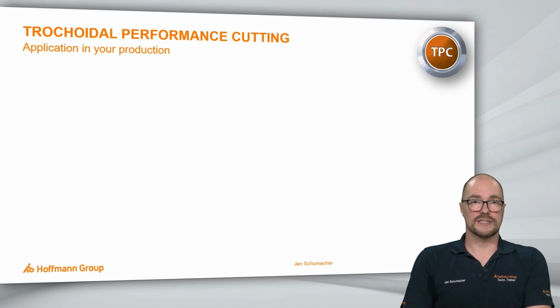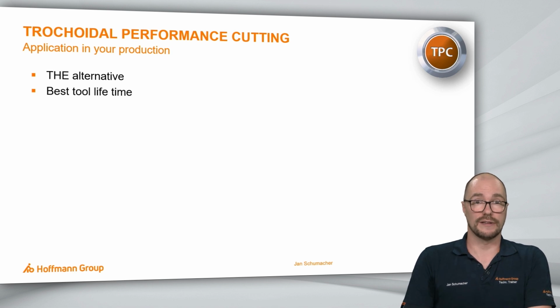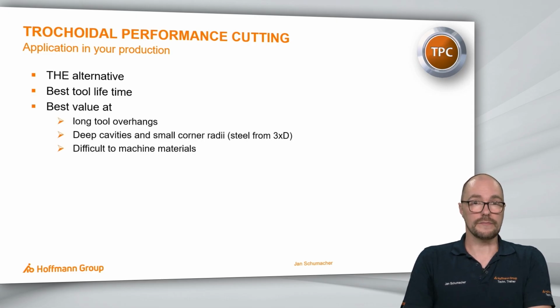Now the question is, when would we recommend using trochoidal milling over the other strategies? Well, it depends. Generally speaking, it is the alternative offering the best tool lifetime compared to all of the strategies seen before. But of course, it has some limitations as well.